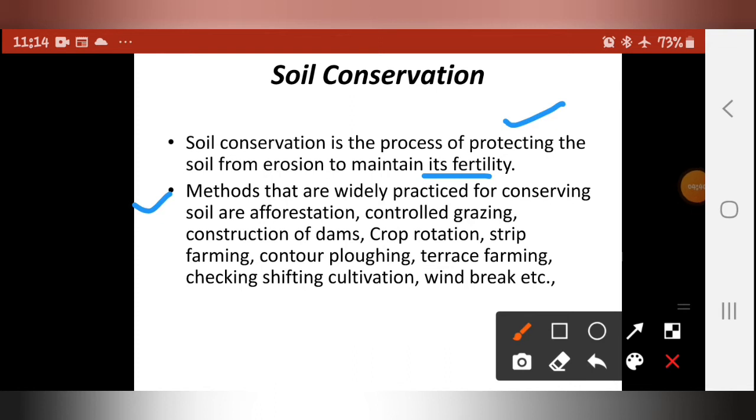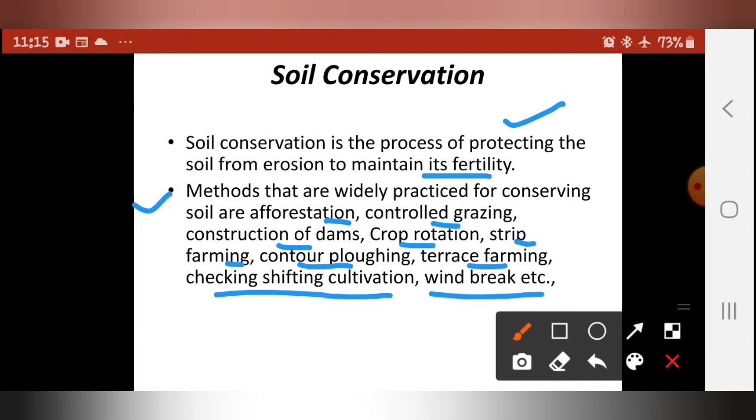Next, methods that are widely practiced for conserving soil are afforestation, controlling grazing, construction of dams, crop rotation, strip farming, contour ploughing, terrace farming, checking shifting cultivation, and windbreaks, etc. What are they? Afforestation, planting more trees and plants.